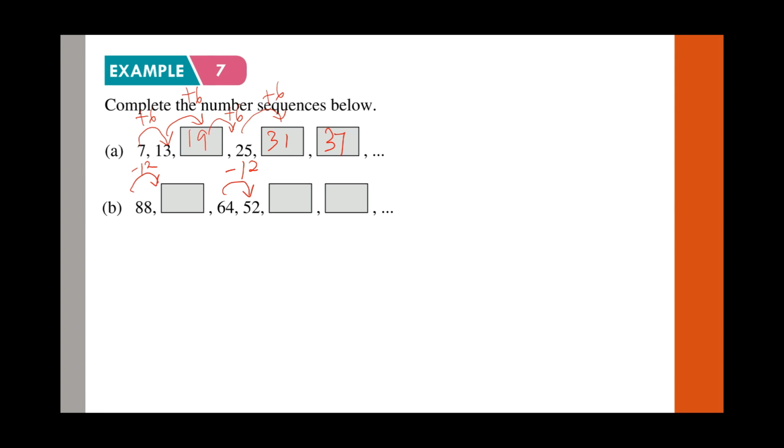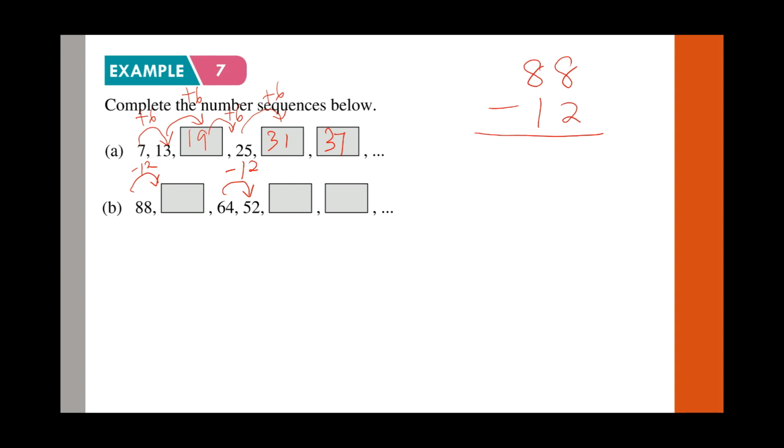88 minus 12, how much is it? Is it 71? See? 88 minus 12. 8 minus 2 is what? 6, right?